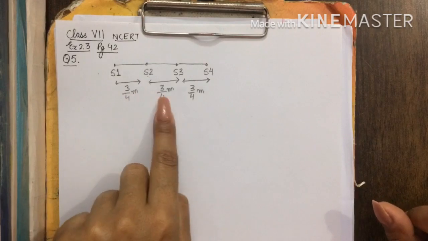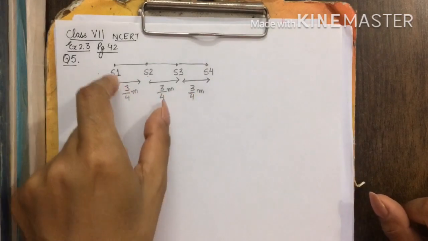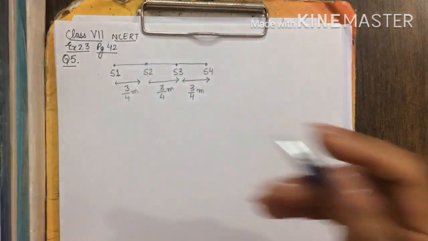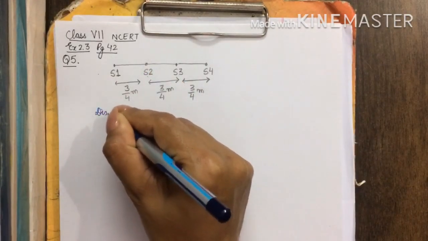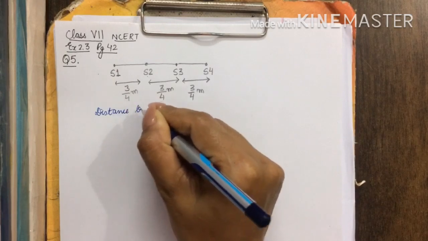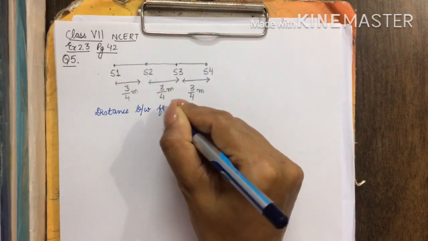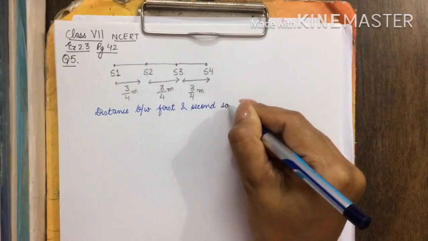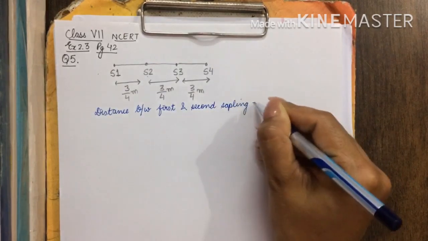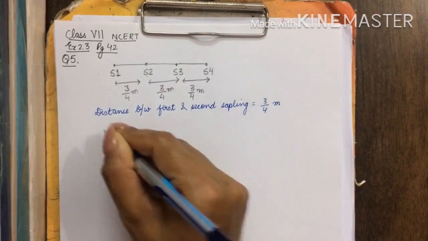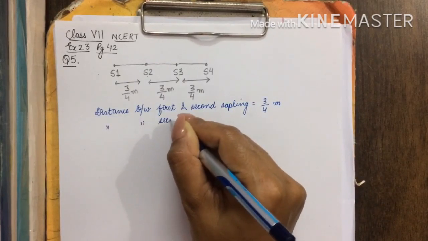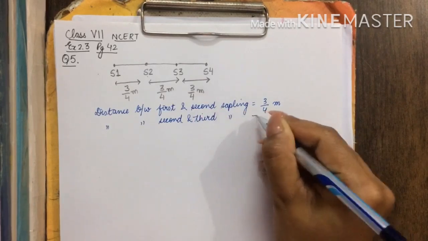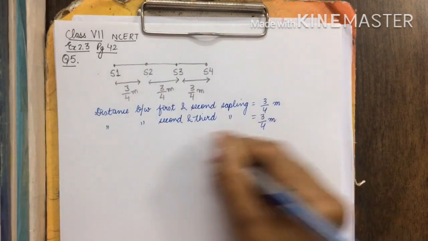So we will add these 3 distances. This distance plus this distance plus this distance. So you will have distance between first and second sapling equals to 3 by 4 meters. Distance between second and third sapling is also 3 by 4 meters.